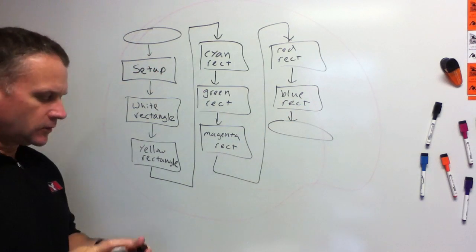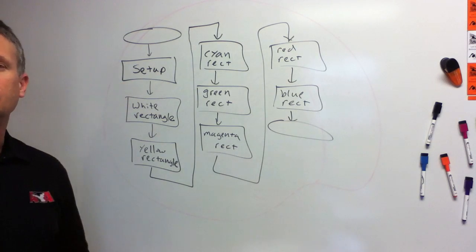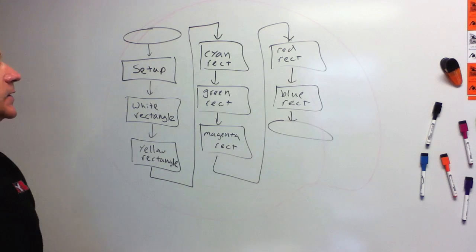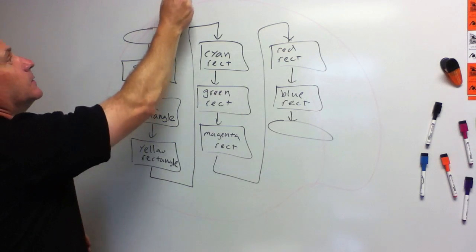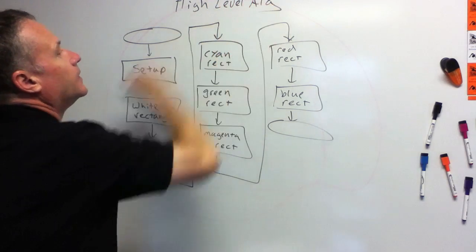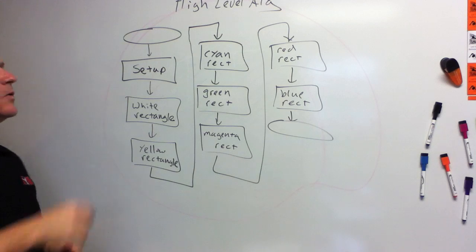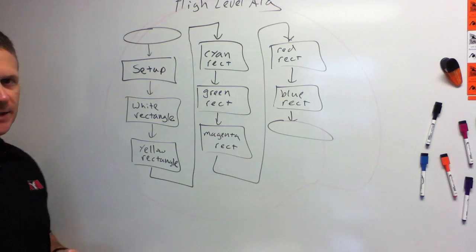Okay? And so notice what my algorithm is. It's a series of steps that tell us how to do what we're trying to do, how to solve our problem. And this is a high-level algorithm because the details are missing. I don't really know what to do in setup. I just know that I need to do that first.